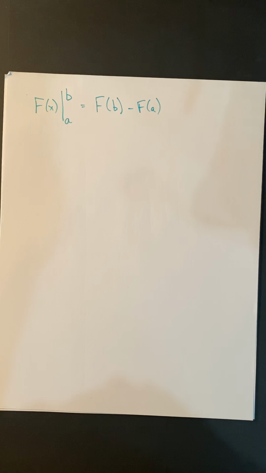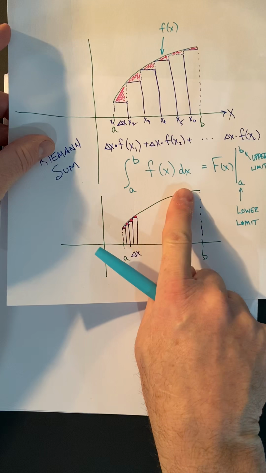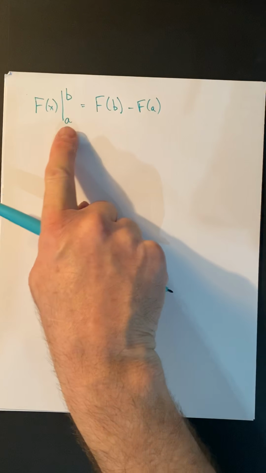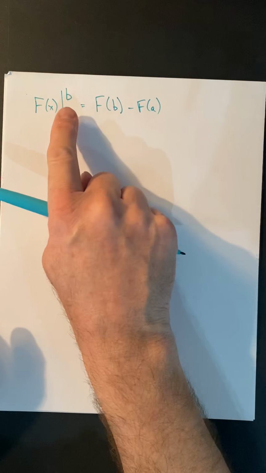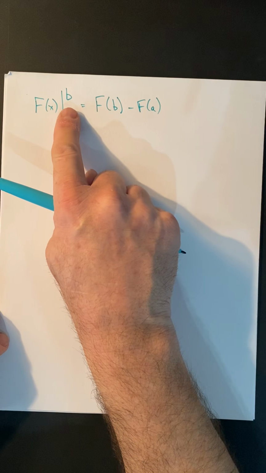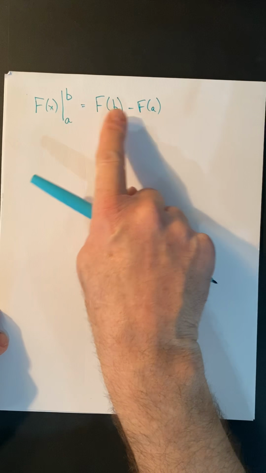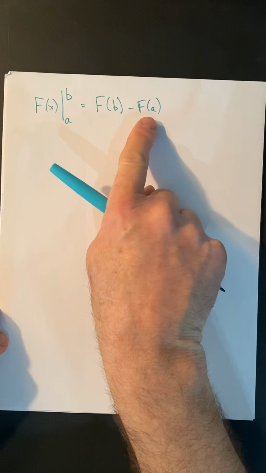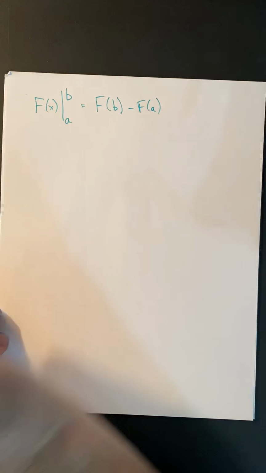So I go from this equation to this equation. So all I'm doing is integrating the function, plugging in the upper limit, solving for it, and then subtracting the value of the lower limit to get my answer, okay?